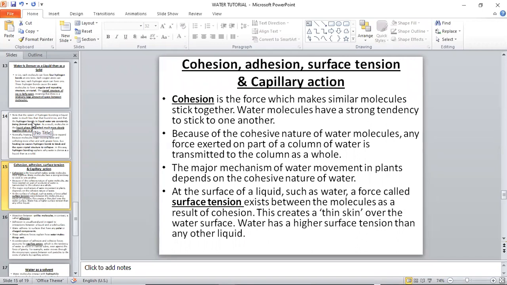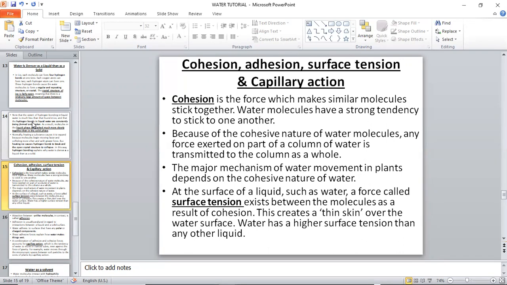For example, attraction between water molecules is cohesion. Water molecules have a strong tendency to stick to one another. Because of the cohesive nature of water molecules, any force that is exerted on part of a column of water is transmitted to the column as a whole.